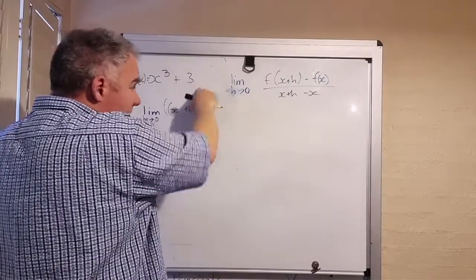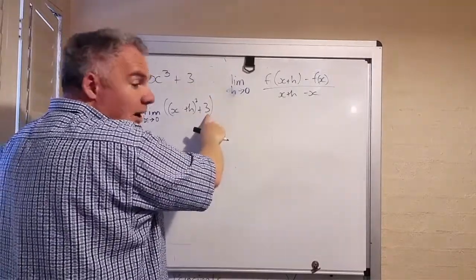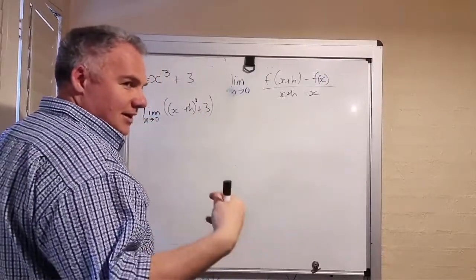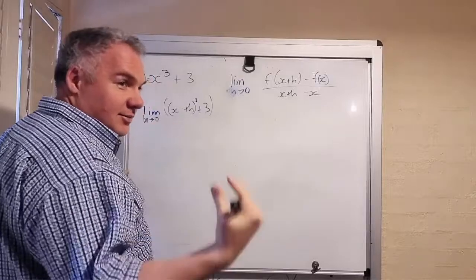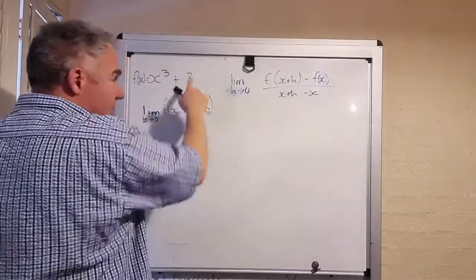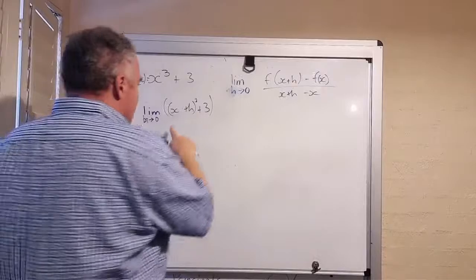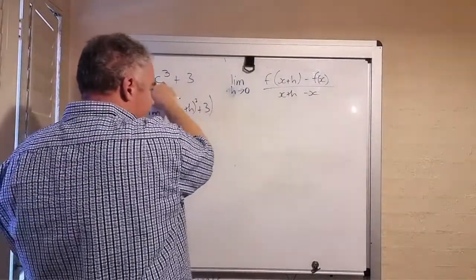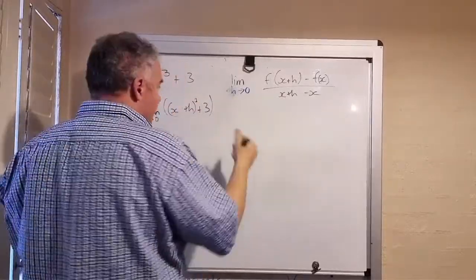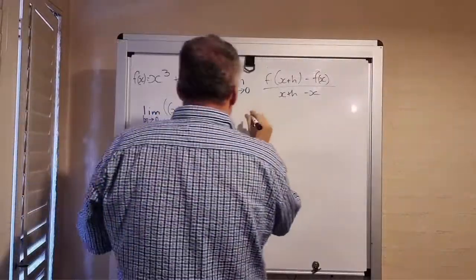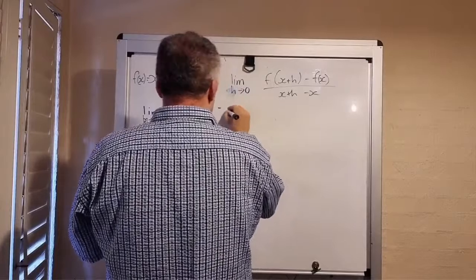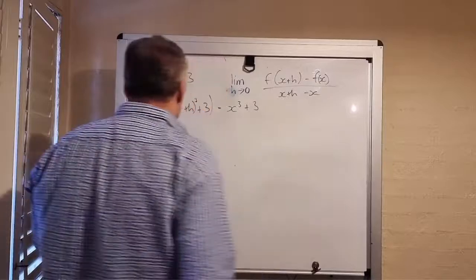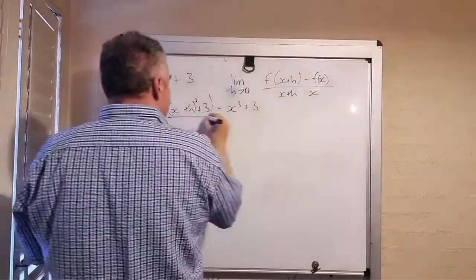But there's no x there, so there's no h there. You only add h's when you're changing the x's to x plus h. You don't actually do anything to numbers. And remember it's x plus h cubed, because x is now x plus h, and then all of that is cubed. Okay, and all of that is over h.